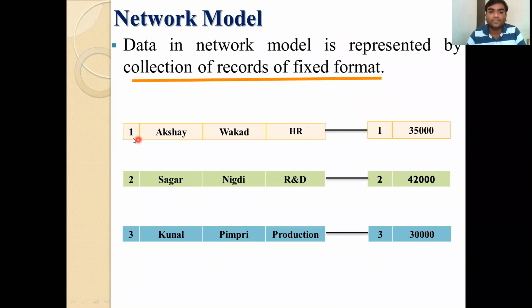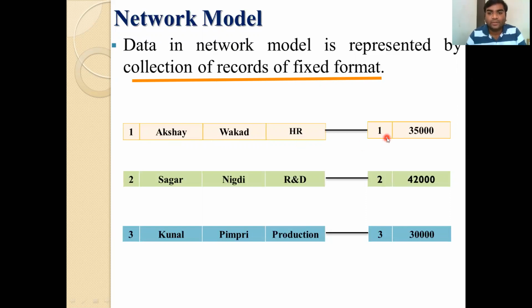This is the ID number one. Here is the name of employee, employee address, employee designation, and this is another record. This is the first record of the employee ID number one. In this record, it is stored the personal information like employee name, employee address, and employee designation.